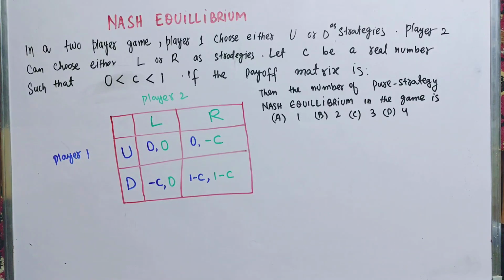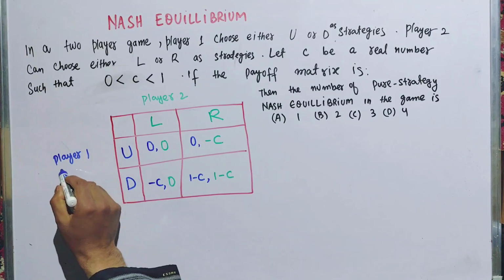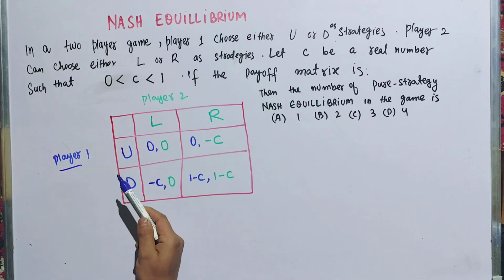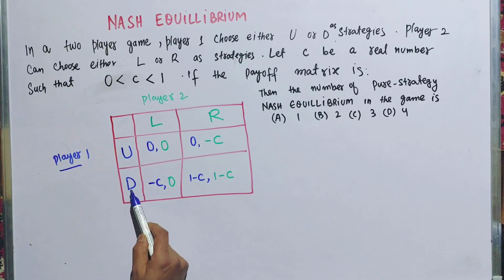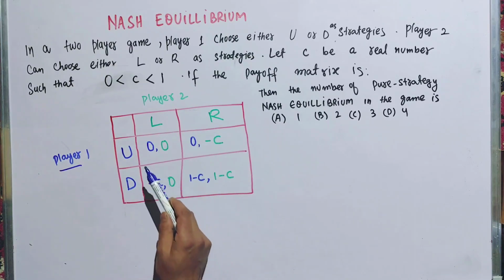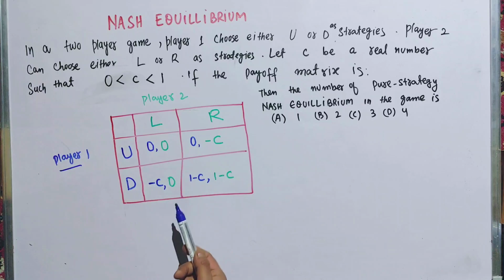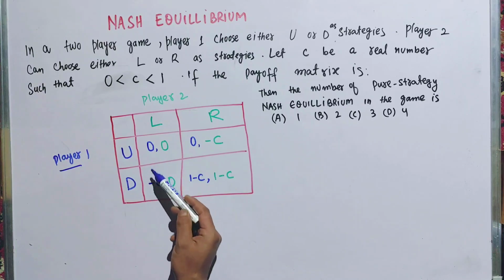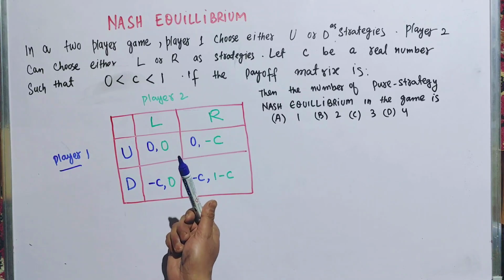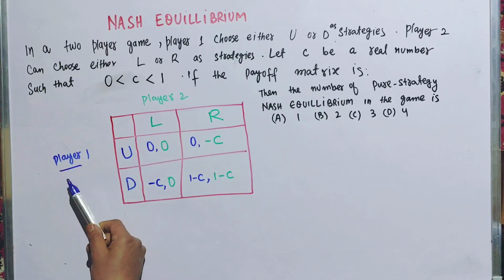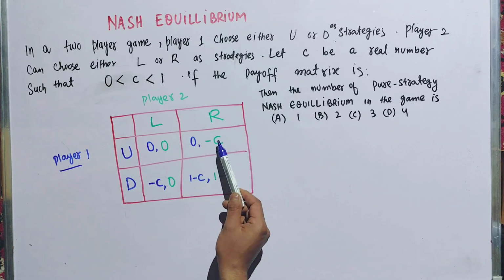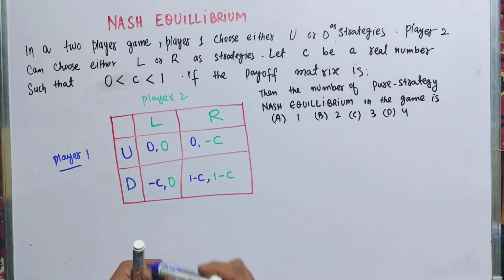Okay, so what we are being given, we have player 1 and player 2. Player 1 has two strategies, either to go up or down, and player 2 has two strategies also, either to go left or right. Payoff is being shown here, and the first elements, denoted by blue color, are the payoff for player 1, and the payoff shown by the green color is the payoff for player 2.